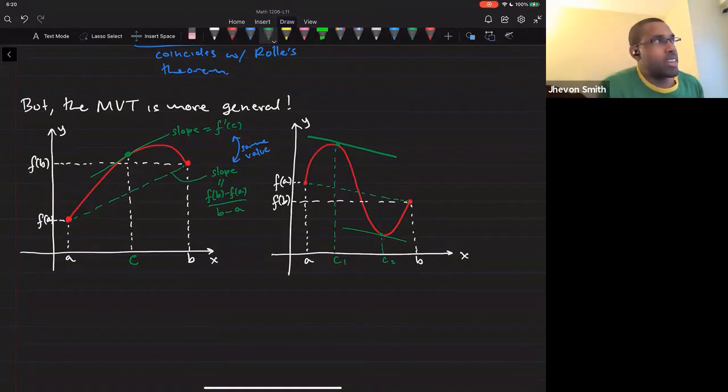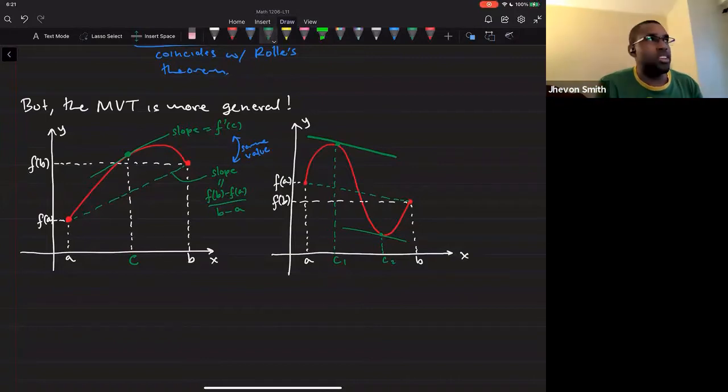Imagine that you're driving in a car. Just pretend you're moving at a constant speed, and you traveled 80 miles in 1 hour, right? And so the average rate of change is 80 miles per hour. So what this claims is, and you don't even have to be moving at constant speed, I traveled from point A to point B, which is 80 miles apart, and the average rate of change would be 80 miles per hour if I took an hour to cover that.